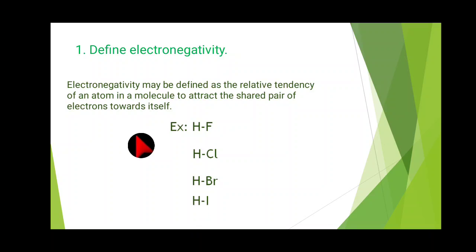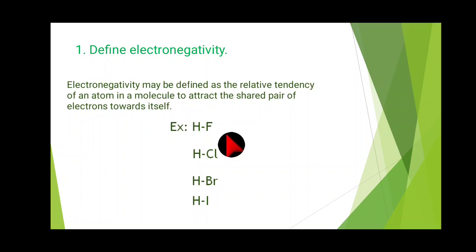Now, among the halogens, fluorine, chlorine, bromine, iodine, the electronegativity is highest in fluorine, because after making the bond with the hydrogen, it attracts the shared pair of electron in the bond towards itself.